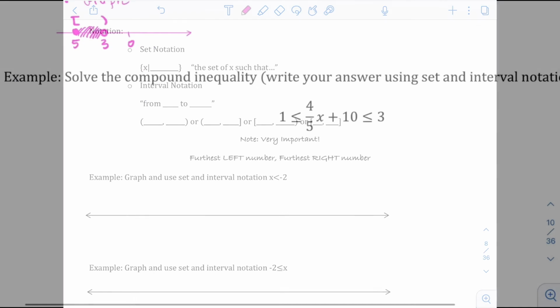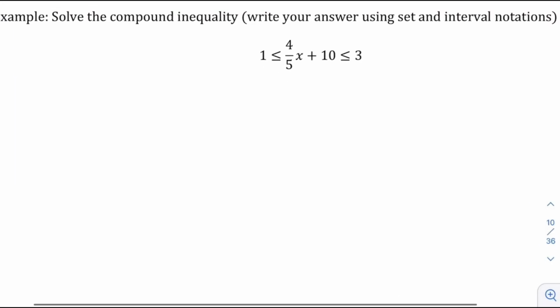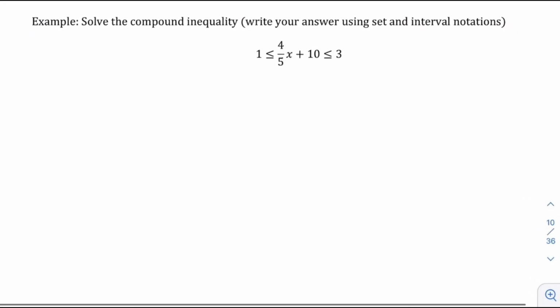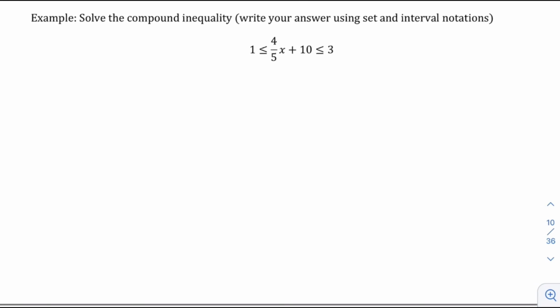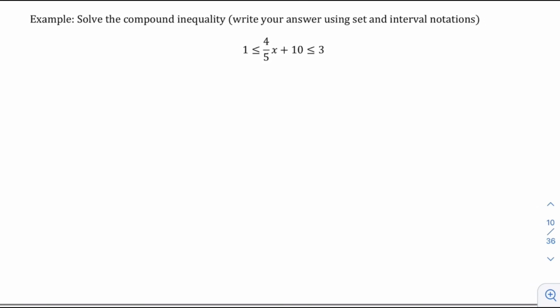Next problem. Obviously, they asked me the same question to write the set and the interval notation. They didn't ask me to graph it. But first, we need to solve it. So in order to solve it, we need to start by removing the fraction.